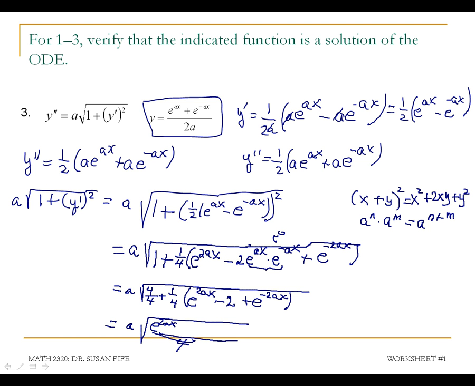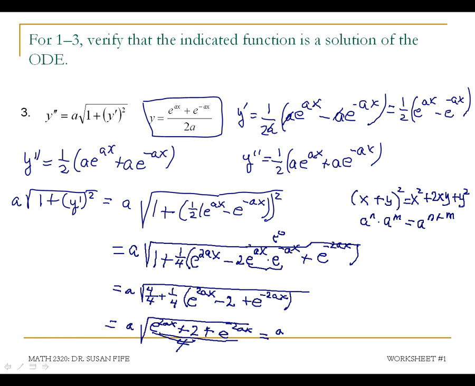When you add 4 to negative 2, that's going to give you a plus 2, plus e to the negative 2ax, equals... And I still have the a outside.